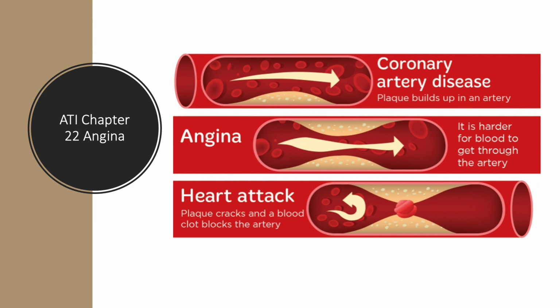Now, we know that there's risk factors that accelerate plaque formation, such as smoking, hypercholesterolemia, sedentary lifestyle, diabetes, hypertension. There's a number of risk factors. Some of them are reversible, some of them are irreversible.